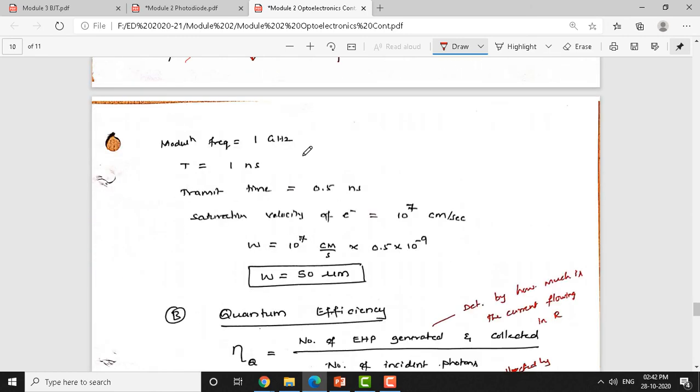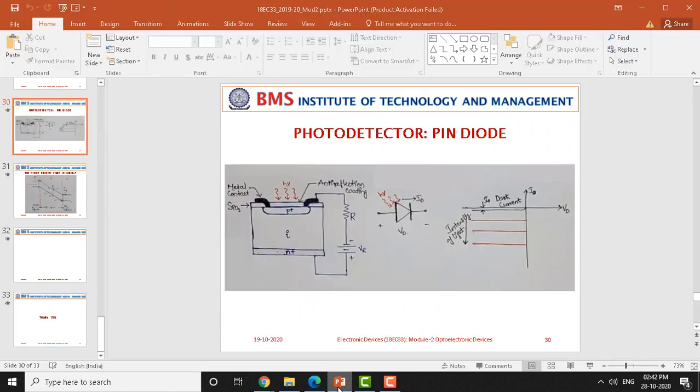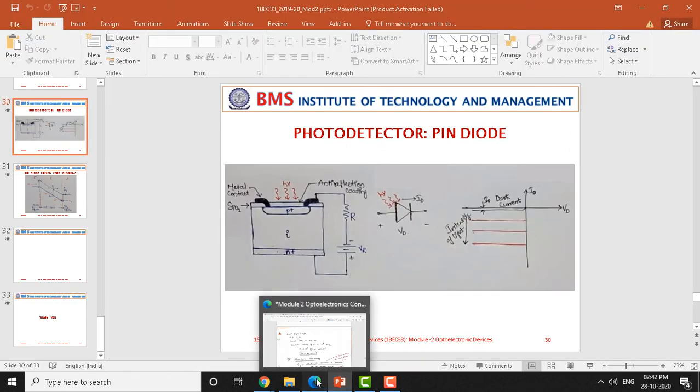If I choose the modulation frequency as 1 gigahertz, the modulation time is the reciprocal of this, which is 1 nanosecond, and since the transit time should be half of this, it becomes 0.5.